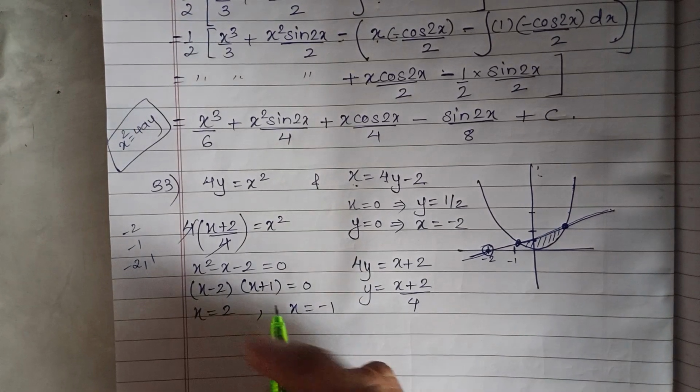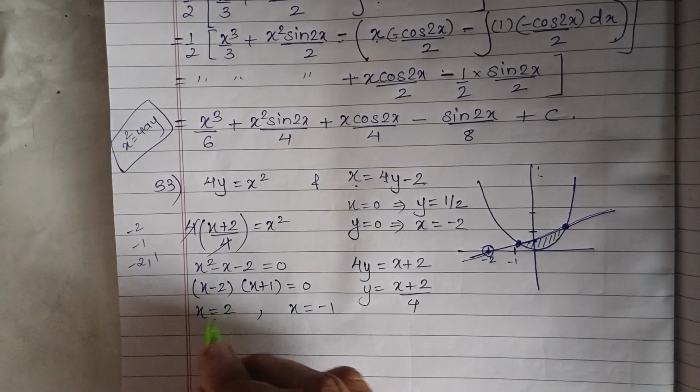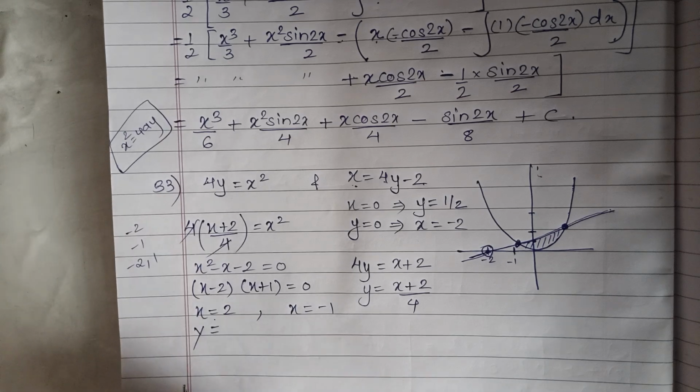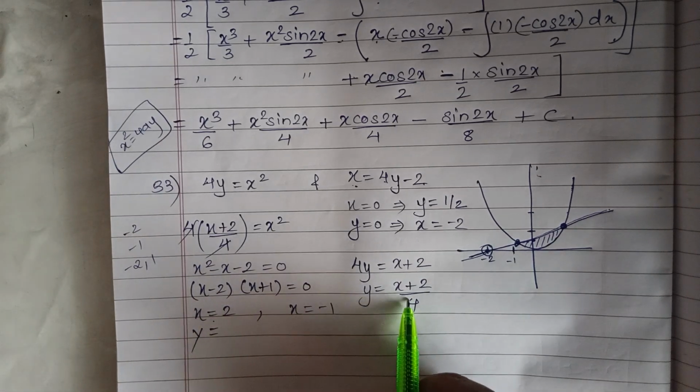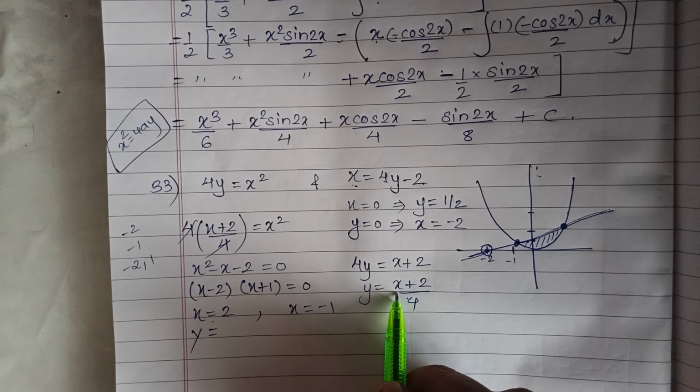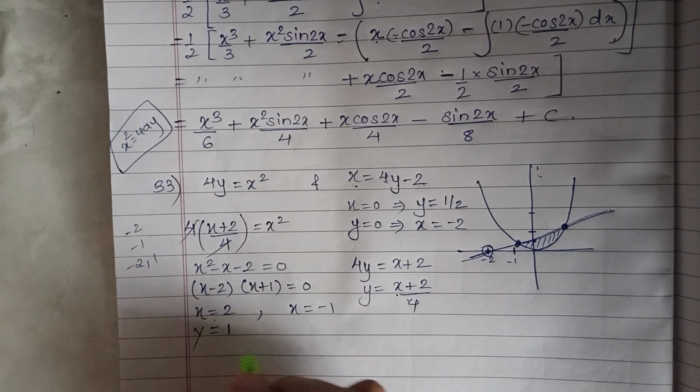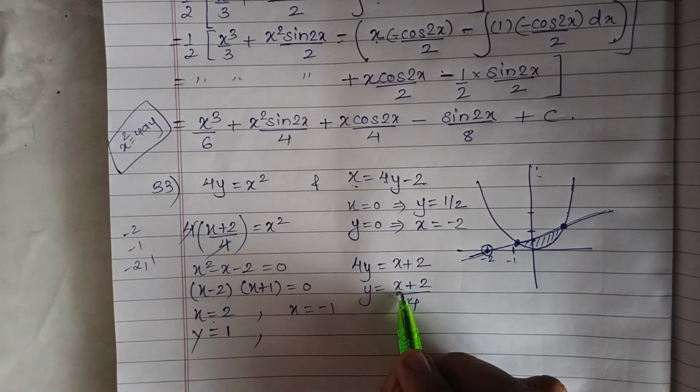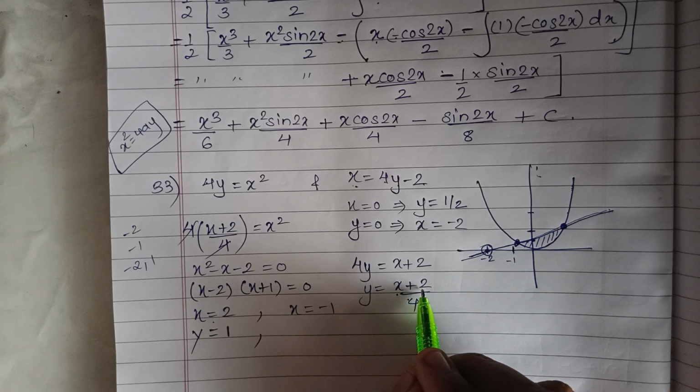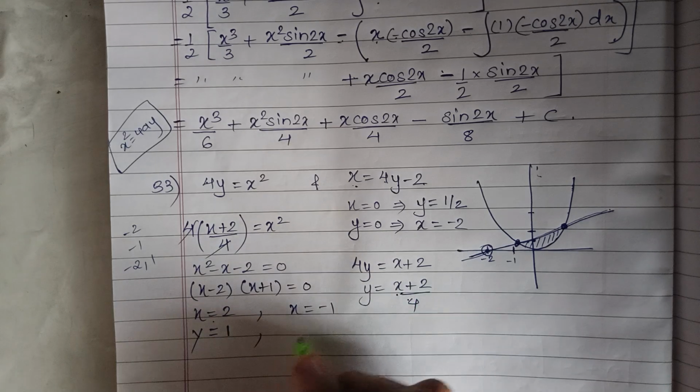So when x is 2, what will be the value of y? When x is 2, it is 1. When x is minus 1, the value of y is 1 by 4.